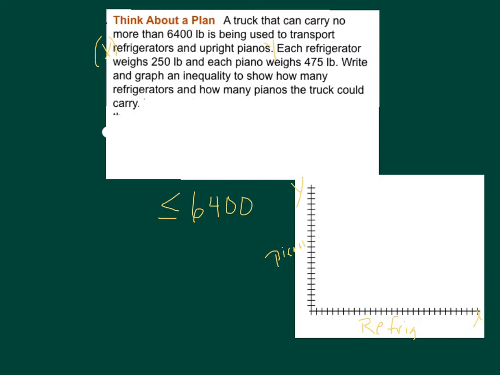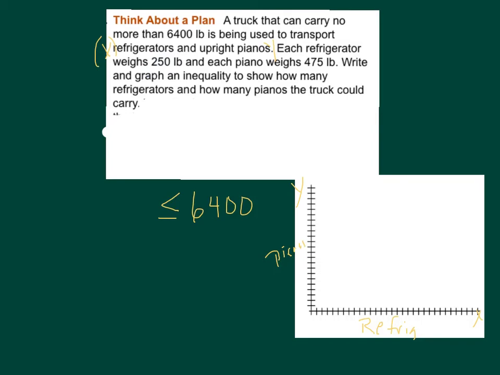Notice I only have quadrant 1. On these, you don't need any other quadrant because you don't have a negative weight. So you need to stick with quadrant 1 on these. Now, I know refrigerators is my X value, and I also know that a refrigerator weighs 250 pounds. What I don't know is how many refrigerators I have.